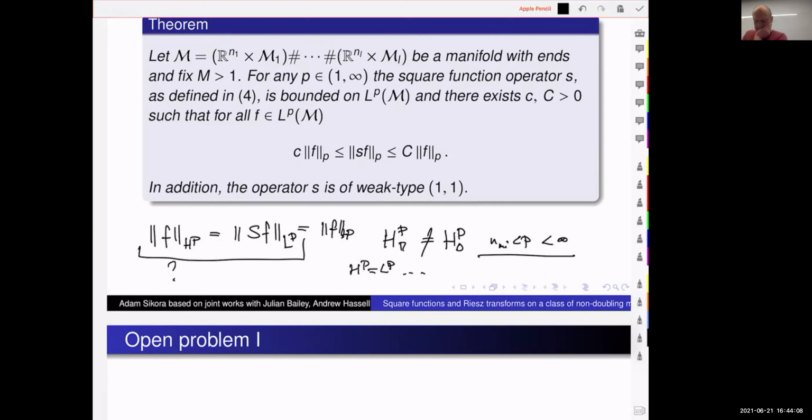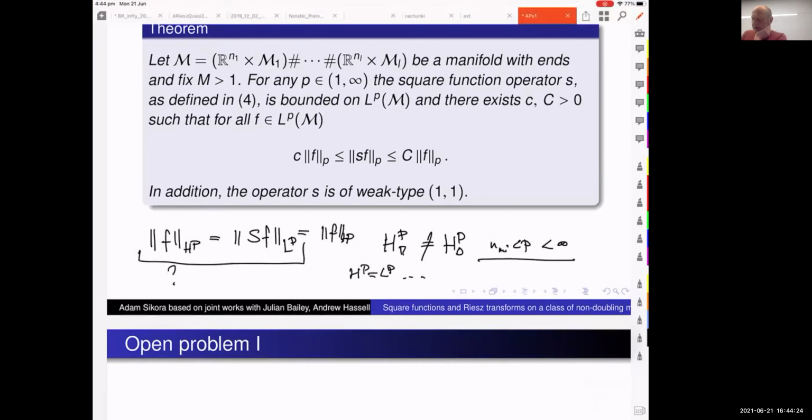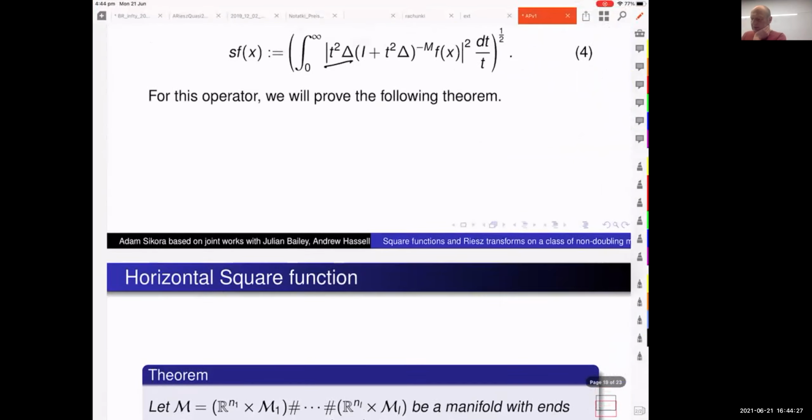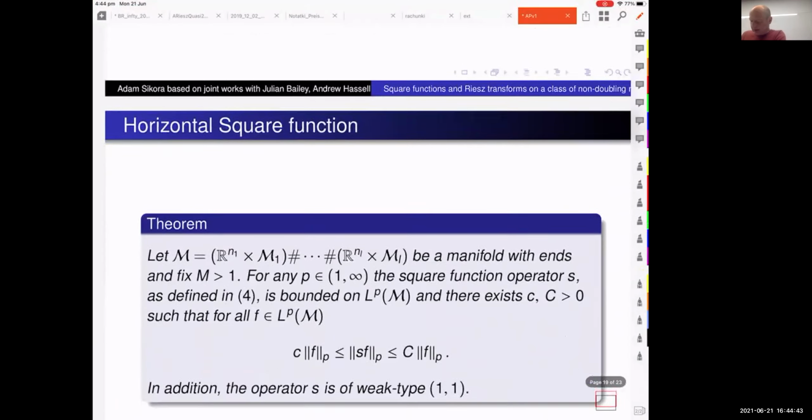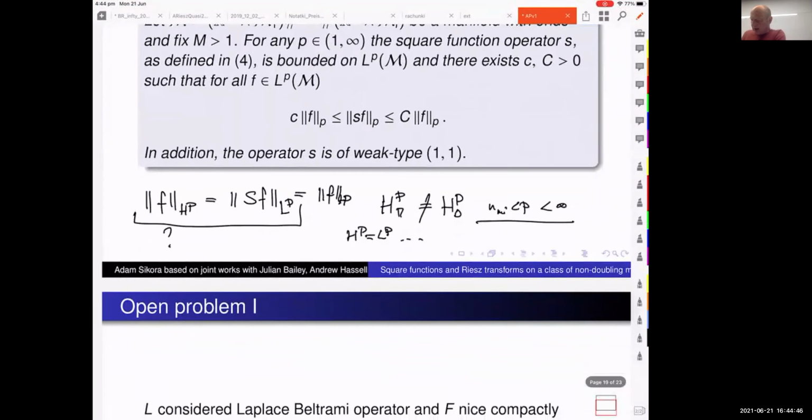Actually, in these settings there's a bit of a problem of proving that these definitions are always well defined, right? For example, if this is equal to L^p, then this is an easy matter, right? But if not, I don't know if the definition of this Hardy space will depend on the order of the resolvent which you use in the definition of your square function, right? So there are a few questions here.